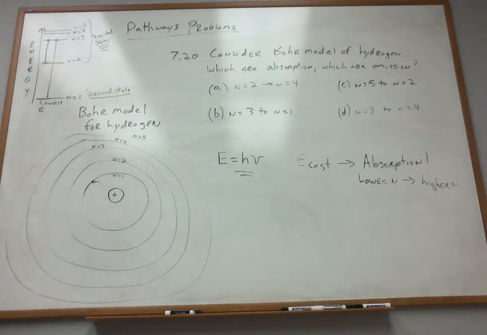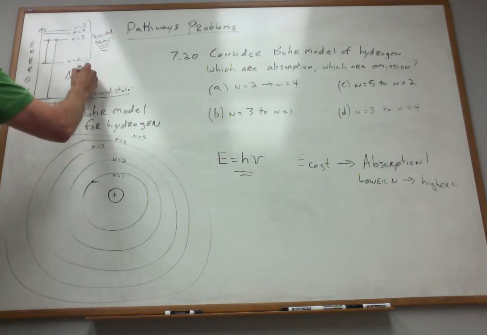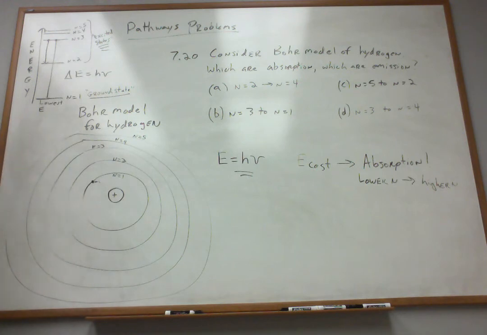There's still an energy gap between n equals 3 and n equals 1. N equals 3 is the higher energy orbital compared to n equals 1. So I'm still going to need to bridge that energy gap, that delta E, and I still do that through a photon's energy. But if I go from higher to lower, the atom has to radiate or give off that energy. Okay?